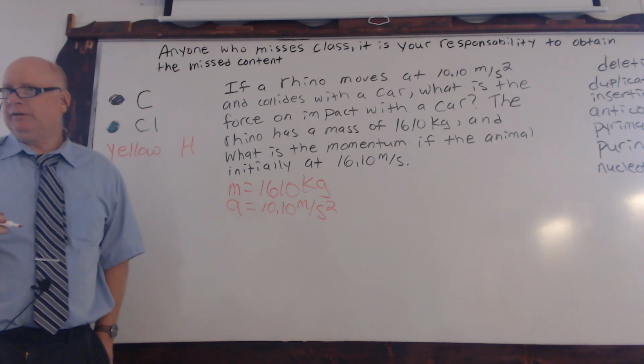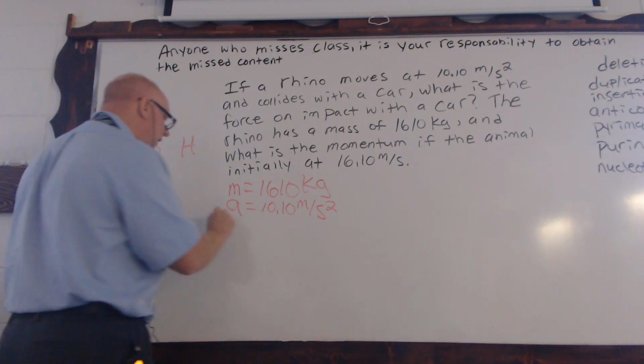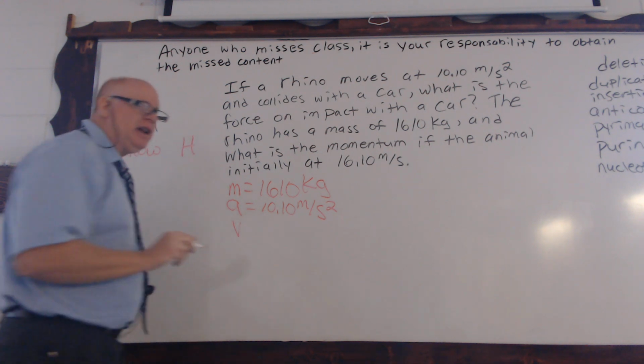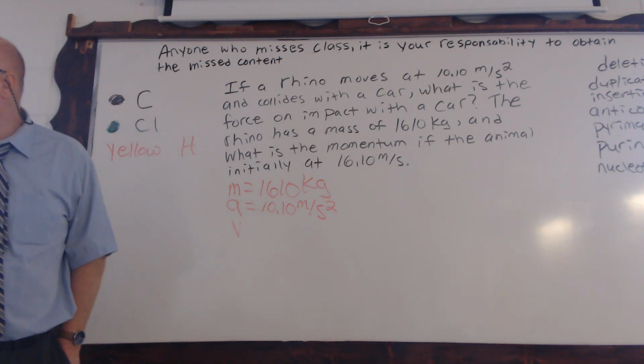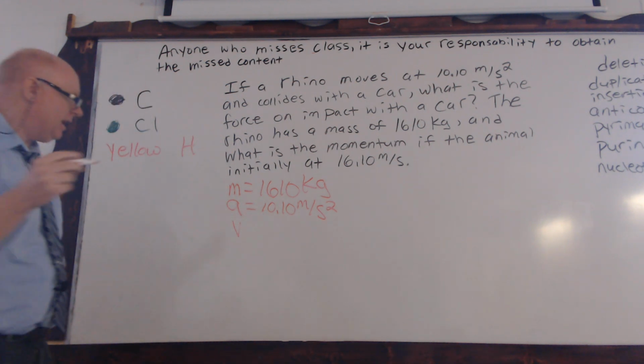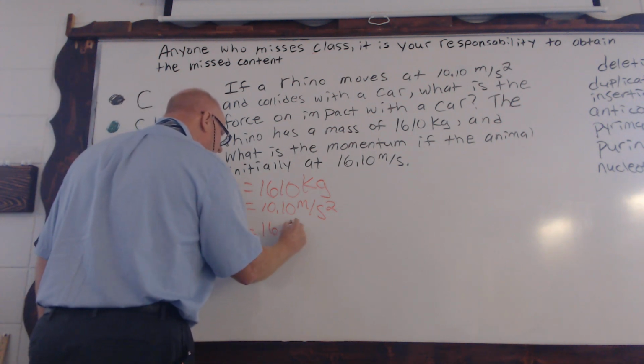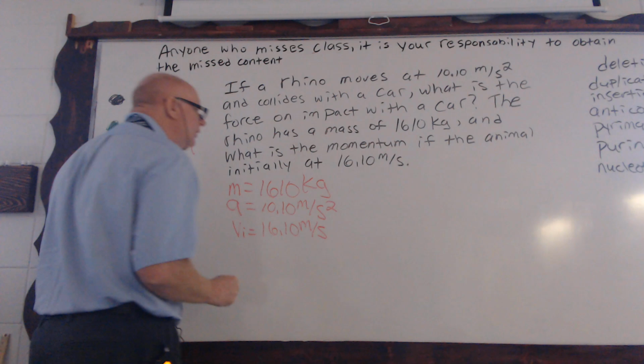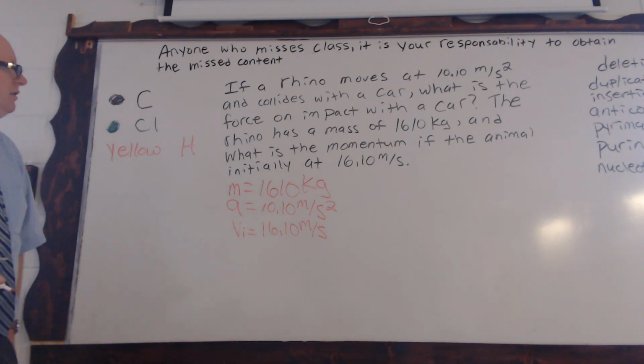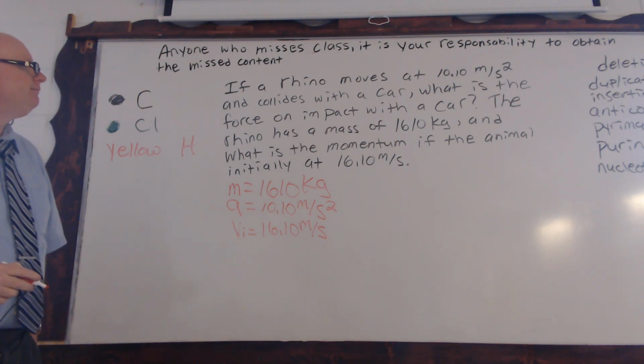What else do we know? 1610. Can or do we need to be more specific than that? We're going to answer that in just a moment. Is there anything else that we know?